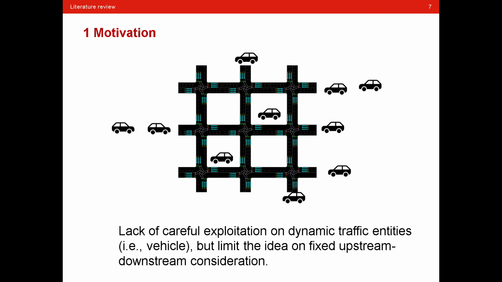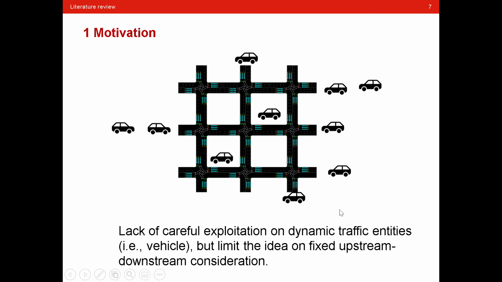Another problem is that most of the traditional methods lack careful exploitation of dynamic traffic analytics. That is, most control methods do not pay specific attention to the vehicles, but only pay attention to the traffic flow. So the traffic flow dynamic is not exploited in a finer manner, and they usually limit the idea to fixed upstream and downstream consideration.